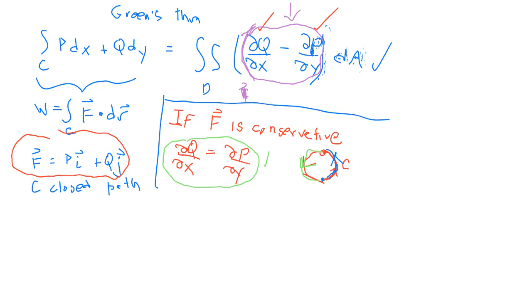What's this going to equal in a conservative vector field? The difference between these partial derivatives, which is the integrand in Green's theorem for the double integral. Think about this criteria. That's right, Juliana, 0. That's right, Ian, 0.